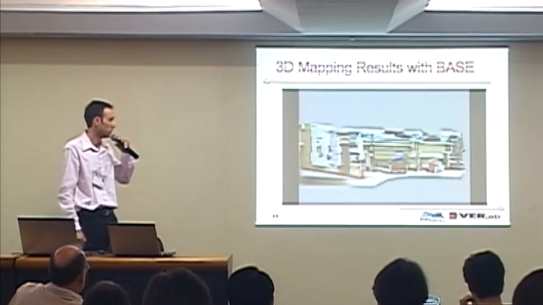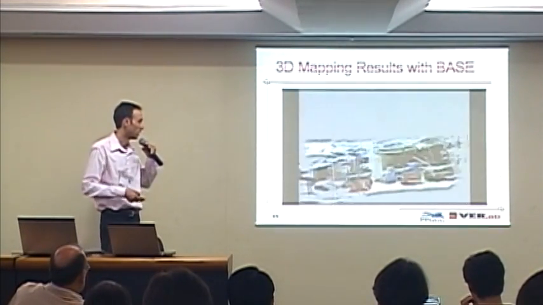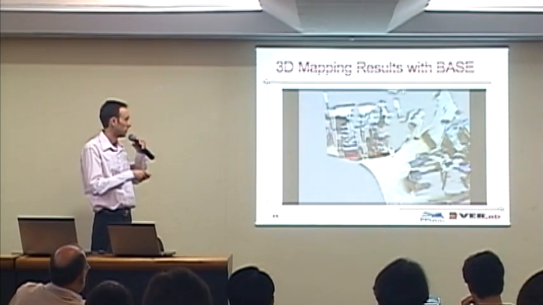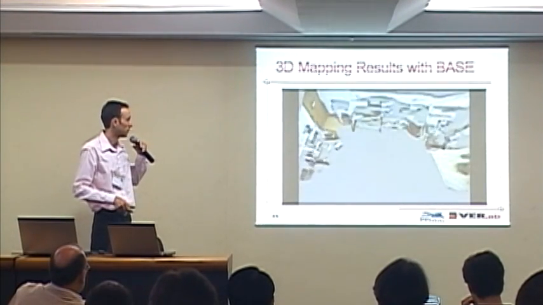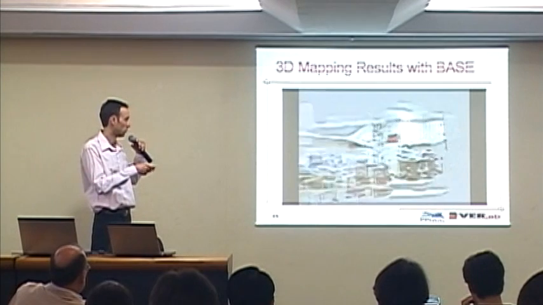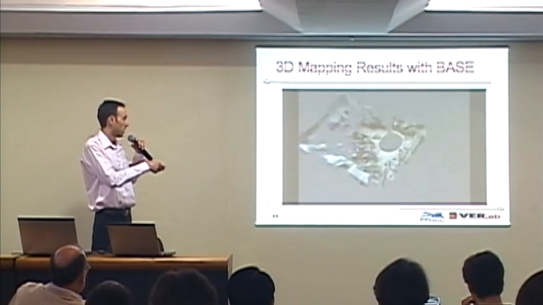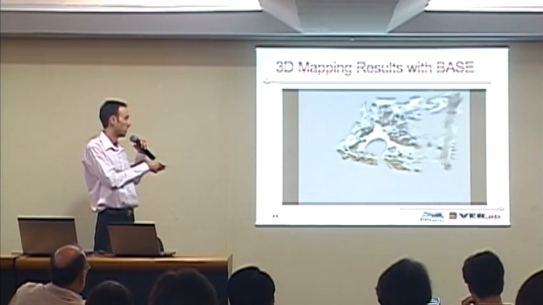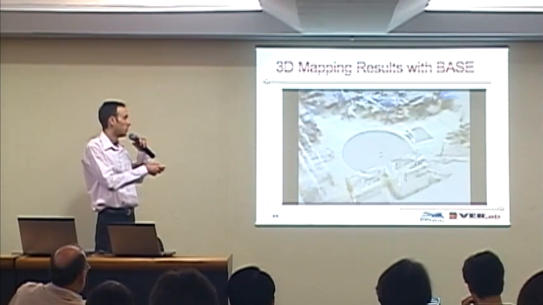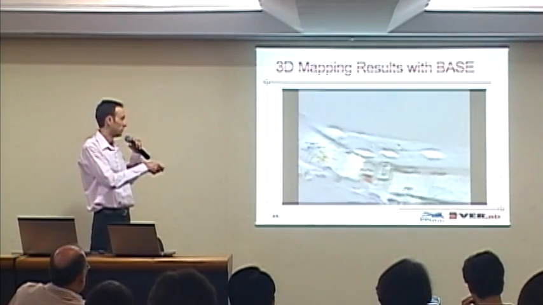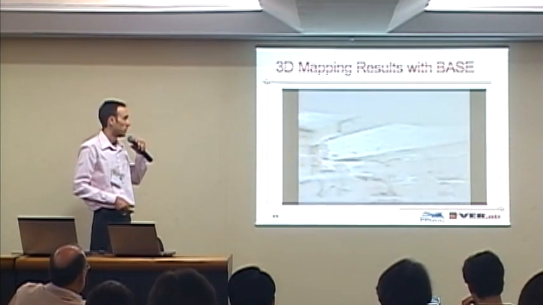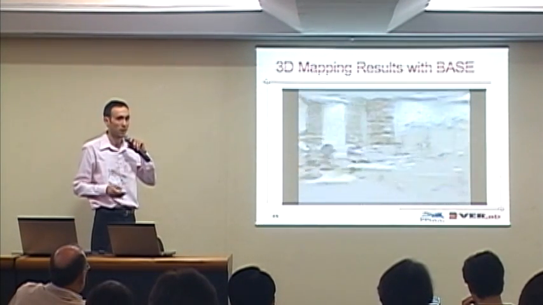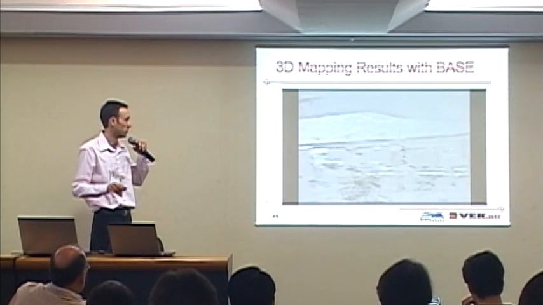Here in this video, we can see the result of the three-dimensional alignment. We also performed some 360 degree alignment, and in this experiment here, we didn't use a global optimization.